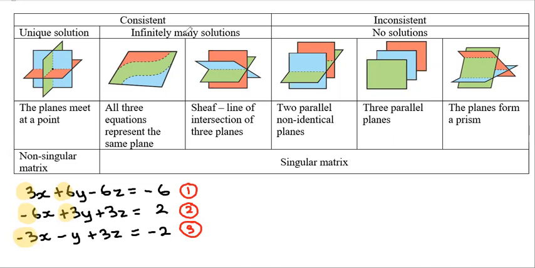If I compare that one to equation 2 right here, it looks like I've multiplied by 2. But once again, this doesn't hold when we look at the coefficients here. So we don't have any parallel lines whatsoever. The only way we have an inconsistency without 3 parallel planes is this third option, where the planes intersect to form a prism. So there's no solutions and there's no parallel lines at all.